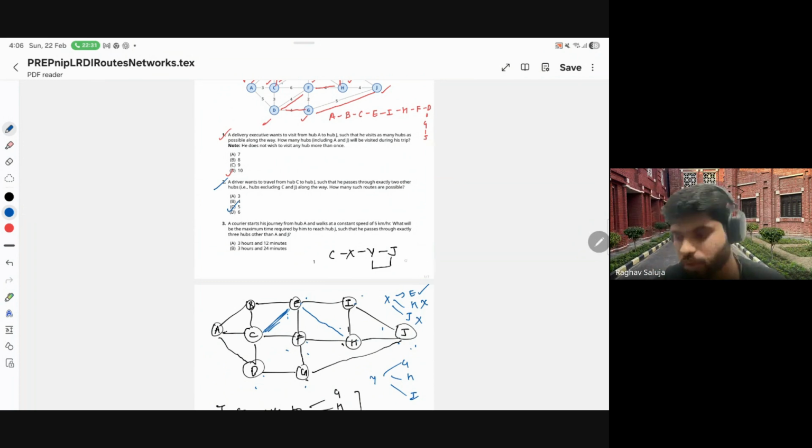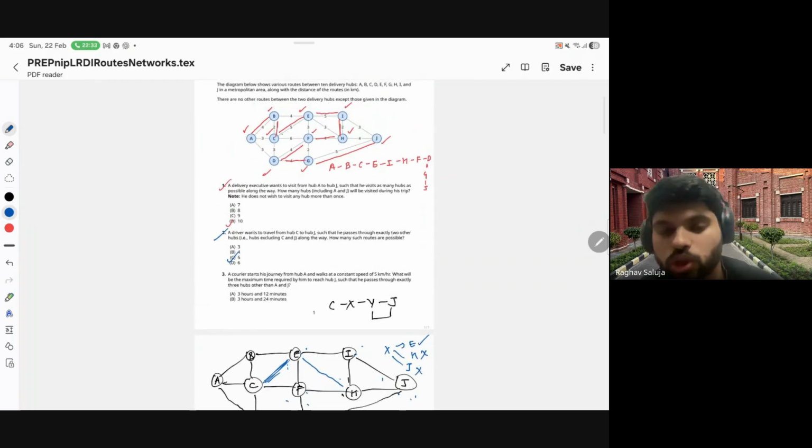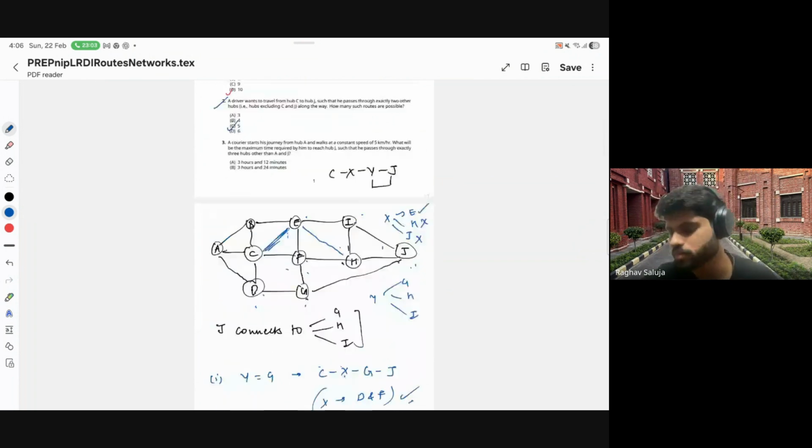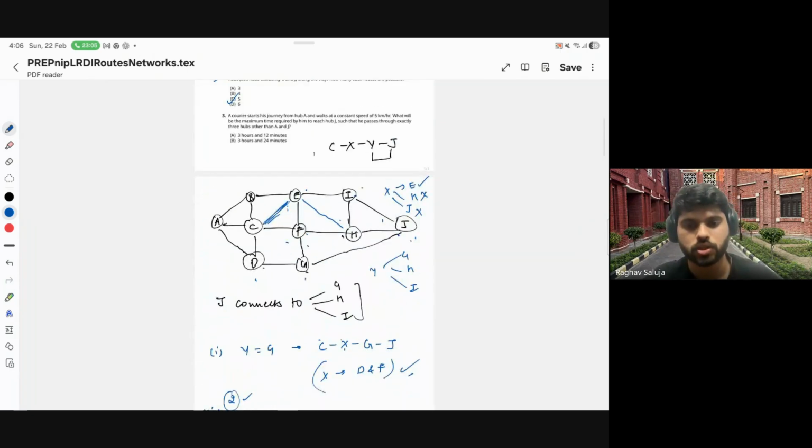Then we took all the neighbors of J because again, अगर Y के directly बाद J आ रहा है तो Y has to be a neighbor of J. एंड वी क्रिएटेड केसेस, हर एक y में हर एक नेबर की एक बार वैल्यू रखी, देन y के नेबर्स निकाले, जो c के भी नेबर्स होने चाहिए इस केस में, बिकॉज y और c के बीच में सिर्फ एक ही नोड है, एक ही हब है, राइट? बस उससे हमने एलिमिनेट करते गए केसेस एंड वी आर एबल टू सॉल्व. So we have 5 routes.